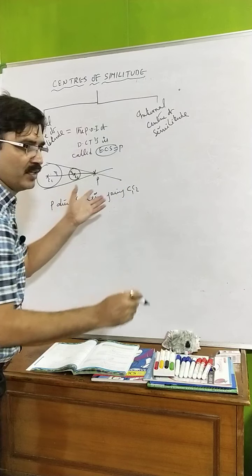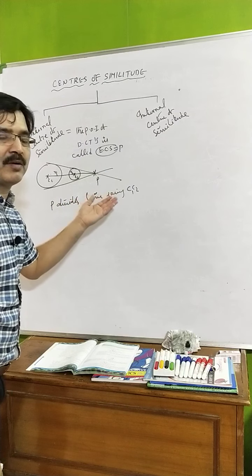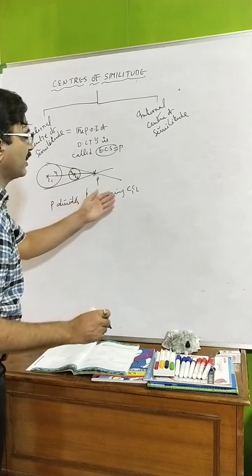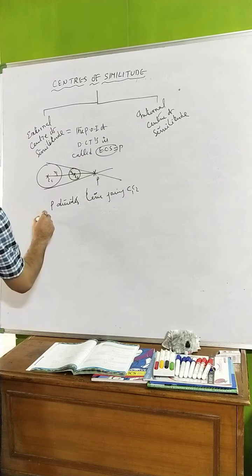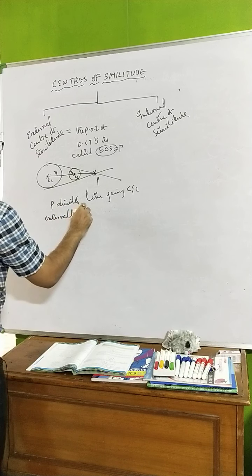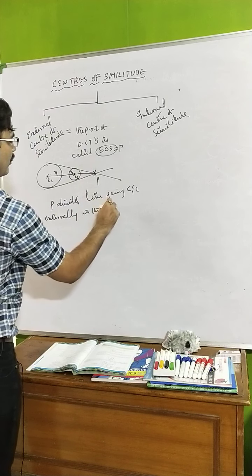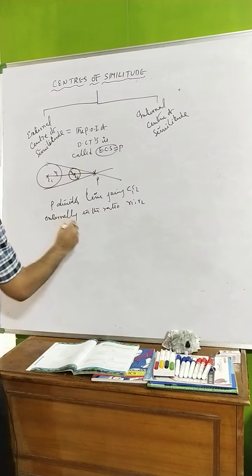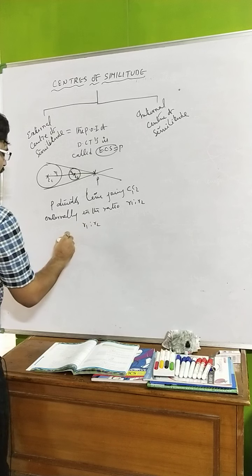That means it is very clear: C1, C2 and P are collinear. That's why we are writing here: P divides the line joining C1, C2 externally in the ratio R1 is to R2.